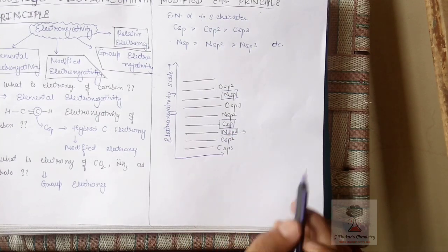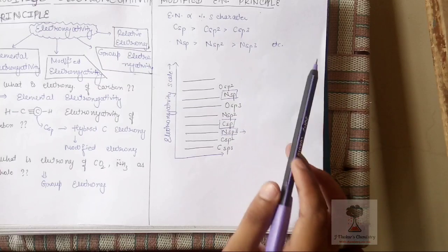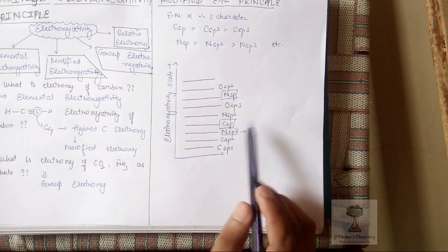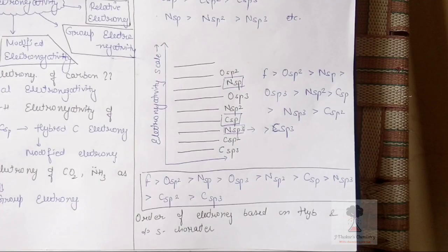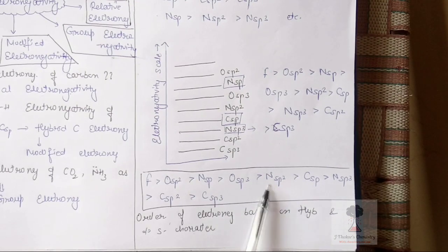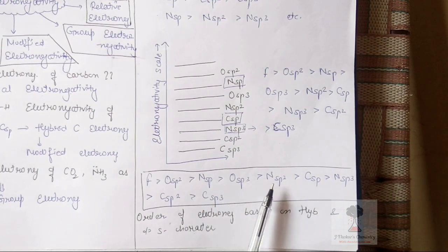So the modified electronegativity principle gives the order of electronegativities of different elements like this. This is the order of electronegativity based upon hybridization and percentage s character. This is a very important series having a lot of applications in organic chemistry, so learn it as it is.